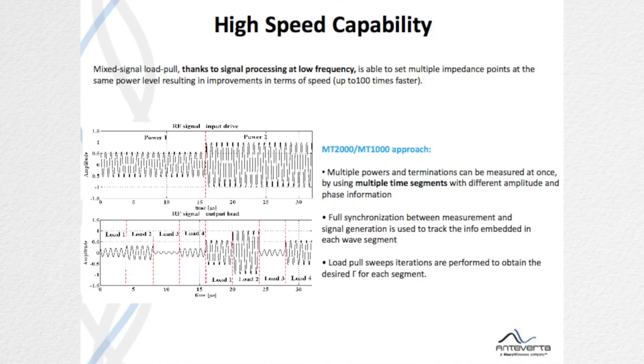To be a little bit clearer, if you consider this as your input signal and you have two segments, one sine wave with a certain amplitude and another sine wave with a bigger amplitude, you're stimulating your device under test with two input powers. At the same time, your load signal is composed of multiple segments with different amplitudes and phases, so you are stimulating your device with multiple loads, also within one single waveform.